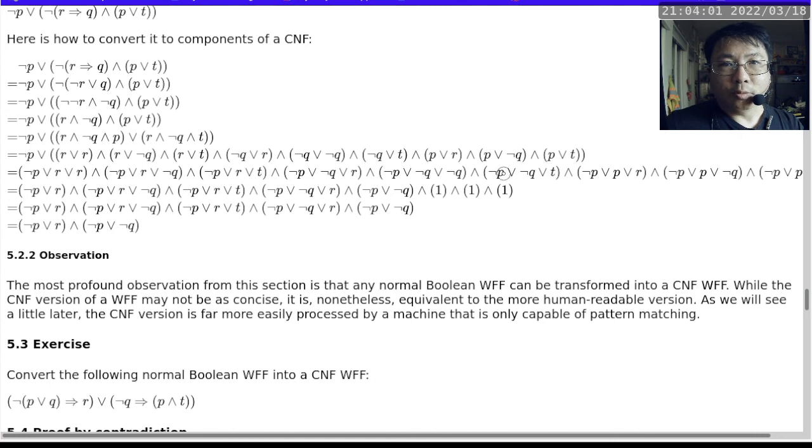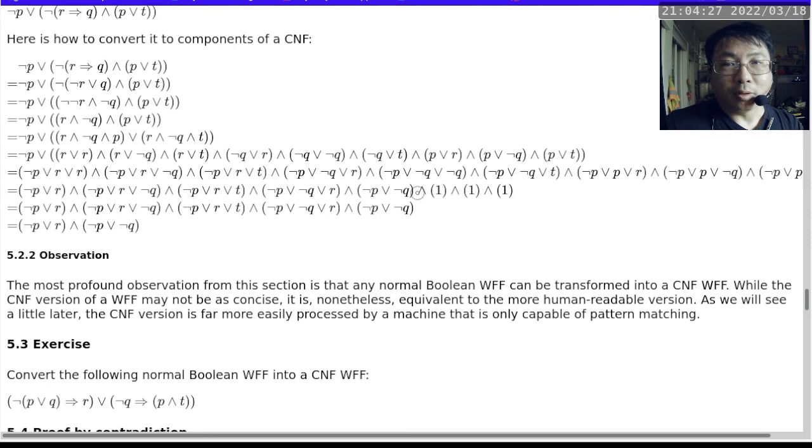Some of you are counting, and you're saying, but Tech, you're missing something here. What about this term, not P or not Q or T? This term we simplified, but where's this term here? That is also a form of simplification. If you have one term like this already, not P or not Q, you can have other terms ORing not P or not Q with more things.